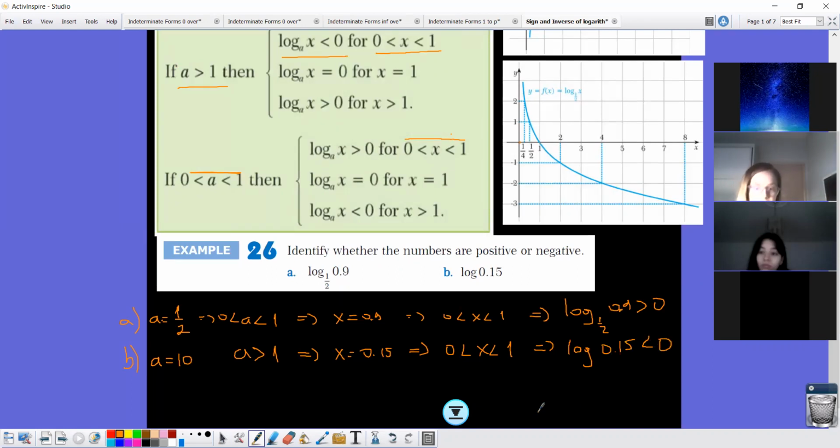Okay? Did we understand? Yes, teacher. Where did you check if it is less than 0? I didn't get it. I'm checking firstly a, the base. Yes, I know, teacher, till that one. I'm checking from the one that we wrote. a greater than 1, x between 0 and 1, so the logarithm is less than 0.